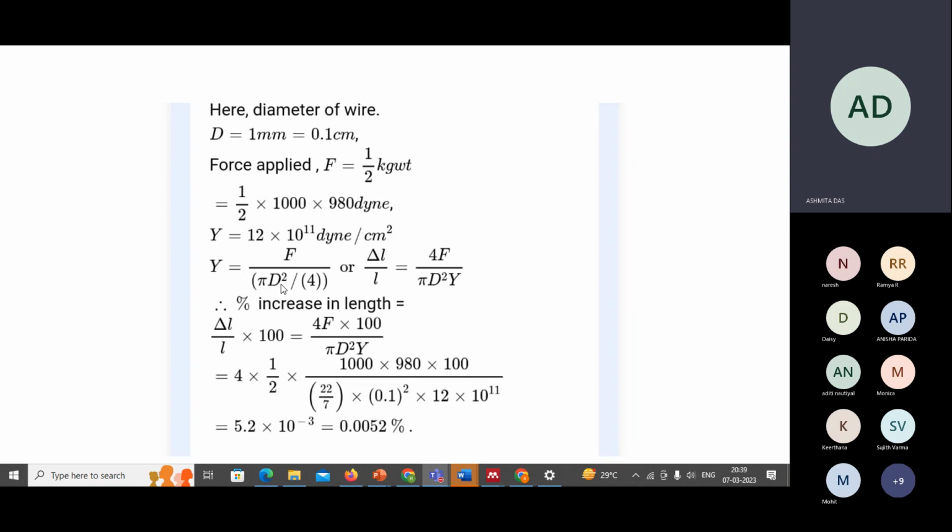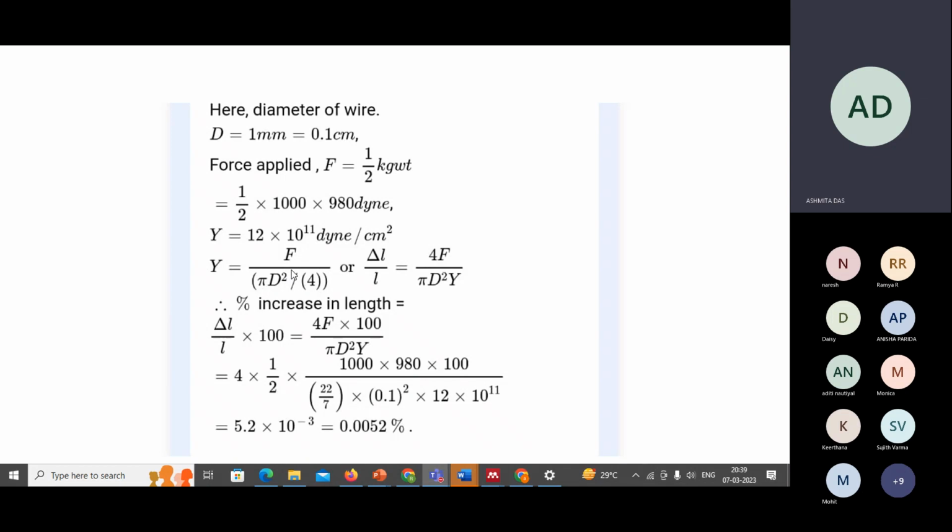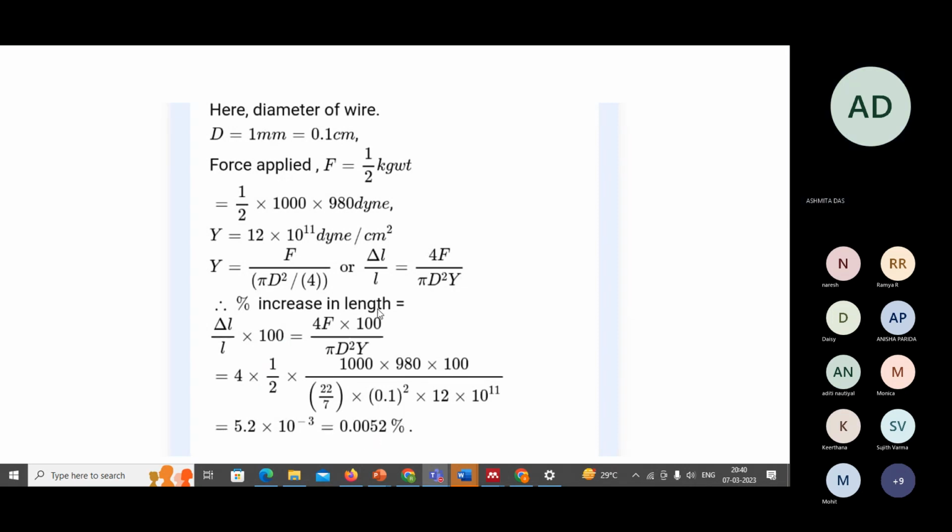So force by area can also be written as stress. So stress equals strain: del L by L is equal to 4F by pi d square Y. From there we solve it and the correct answer comes as 0.052.